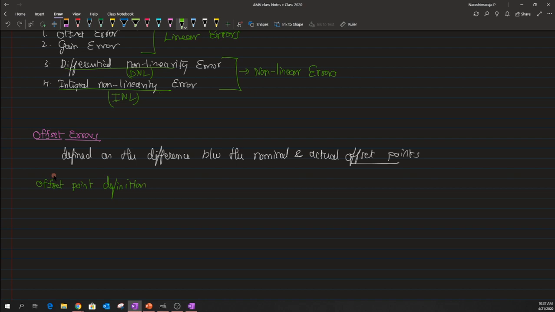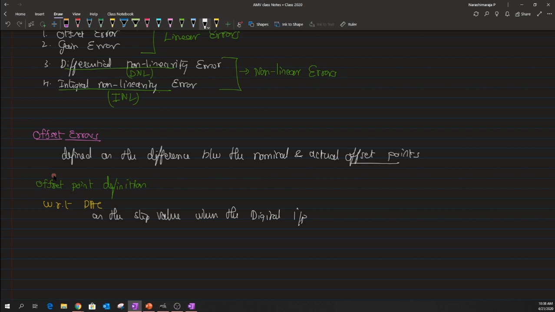With respect to the DAC, it can be defined as the step value when the digital input is all equal to 0 0 0.